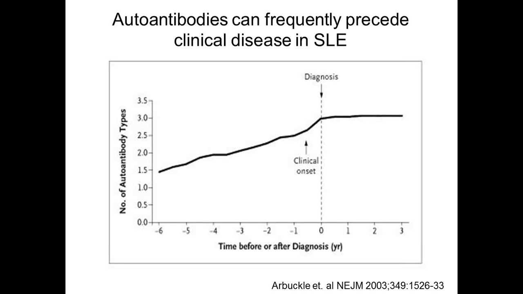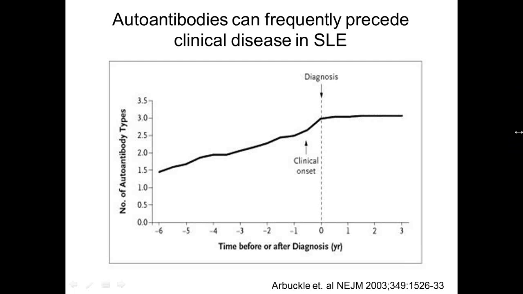This slide is a fairly famous one from a paper in 2003, and I bring this up because many of you are probably trying to think of the order of events. I think some of the questions have suggested this too. Does interferon come first or second, in disease? Is it that you get sick with lupus first and then get high interferon?